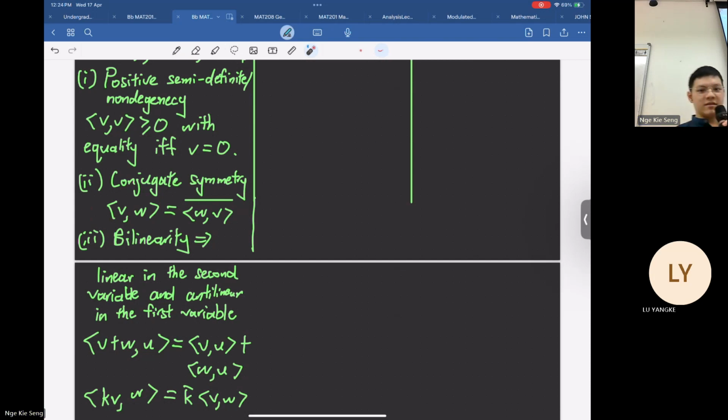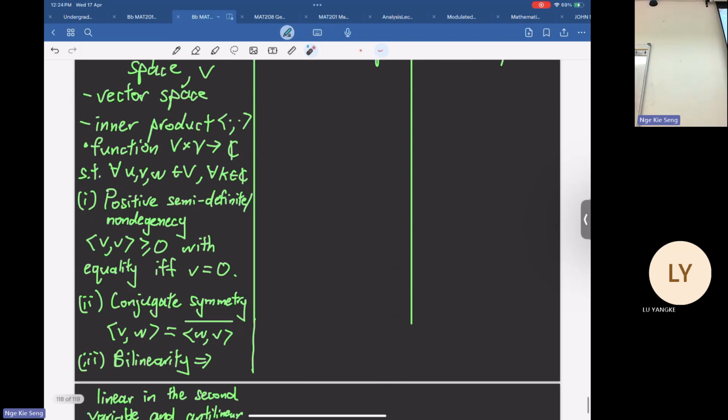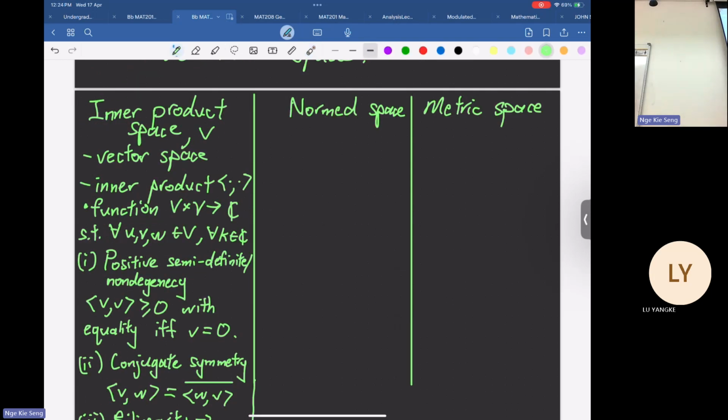Okay. So we keep talking about length, right? Length in our case is this norm here. This norm is trying to define a length on a vector space. So what's a normed space?